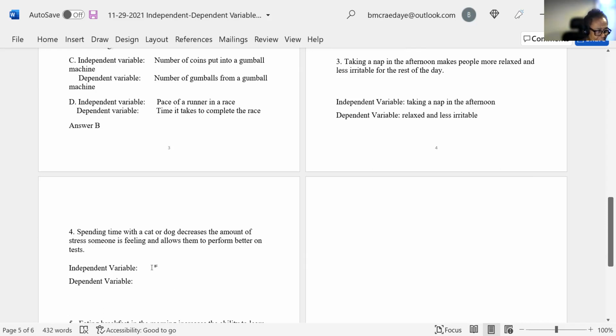Okay, so what's the independent variable? That's just spending time with the cat or dog. And the other one allows the person to feel better when they go to take the test. So the dependent variable would be what? Performs better on tests.